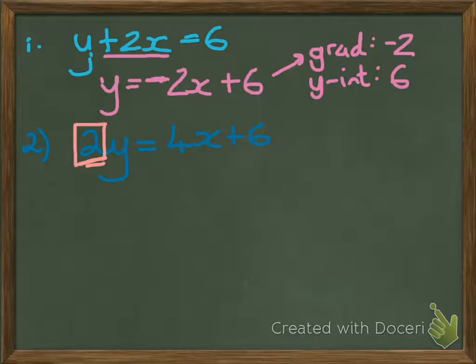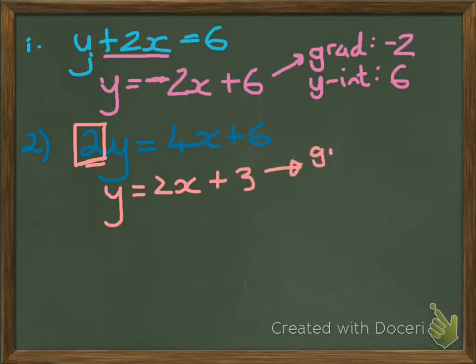How do you get rid of times by 2? You divide by 2. But that means absolutely everything on the other side has to be divided by 2. So 4x divided by 2 gives me 2x, and plus 6 divided by 2 gives me 3. In this case, my gradient is 2 and my y-intercept is 3. That would really be the point of changing it into standard form.